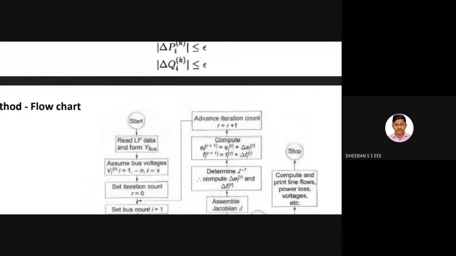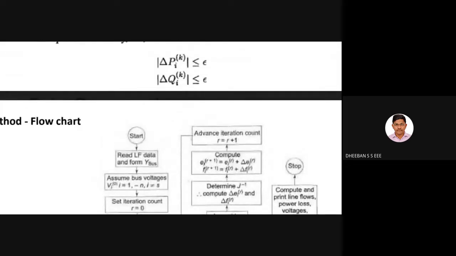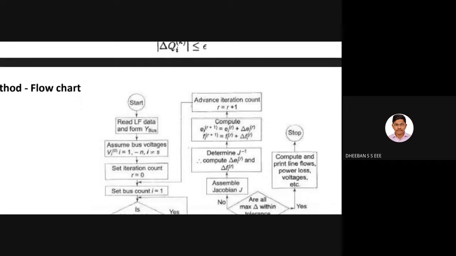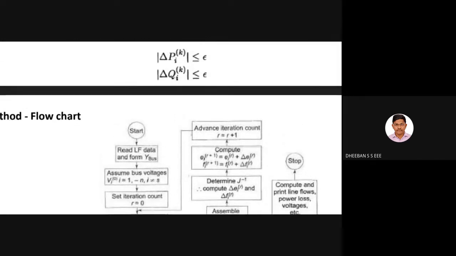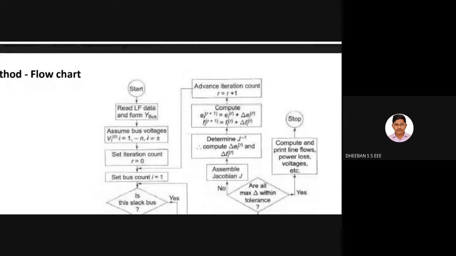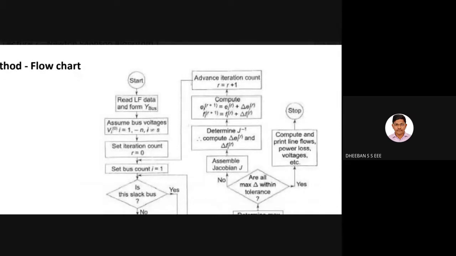The value you'll be getting will surely be greater than your tolerance value, because your tolerance value will be very small, in terms of 0.00 something. So to get below your tolerance value, you have to go for the Jacobian matrix.